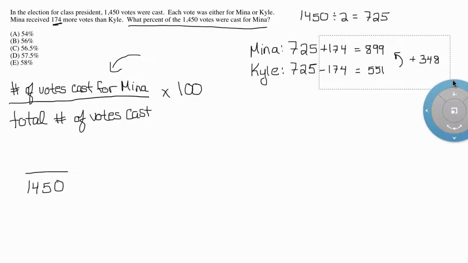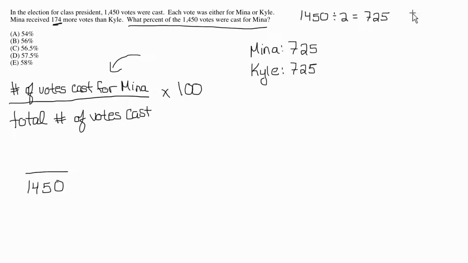So what about this? What if instead I take 174 and divide that by 2? That gives me 87. So if I want a 174 vote difference, I could add 87 to Mina and subtract 87 from Kyle.